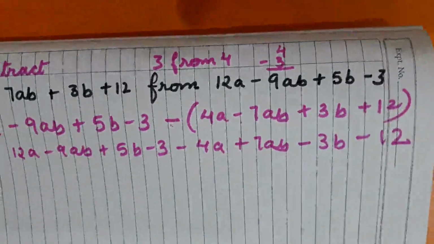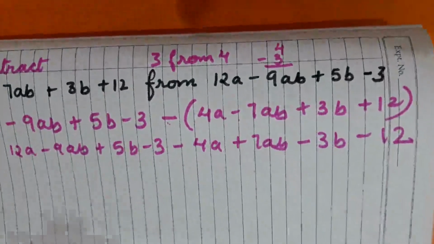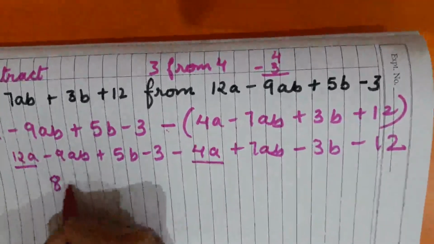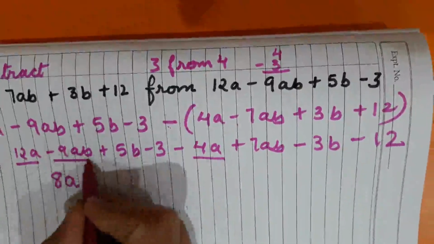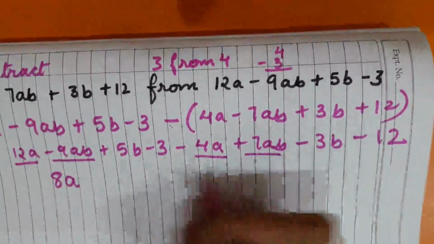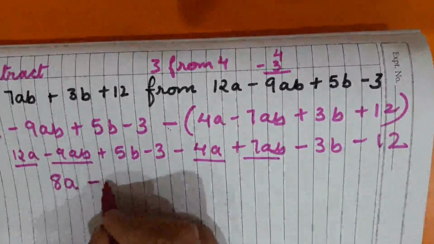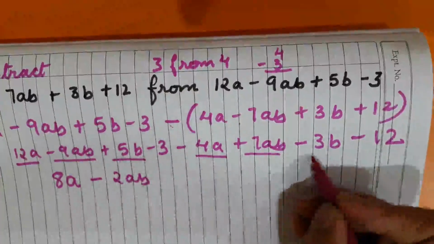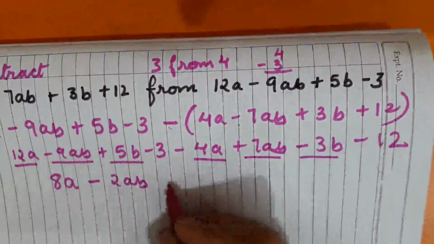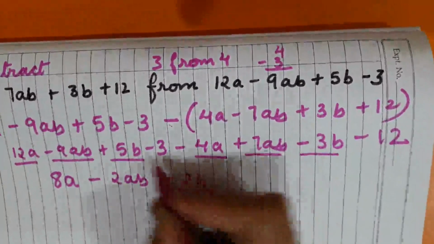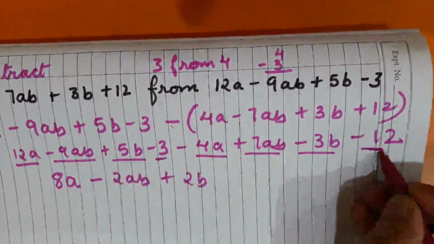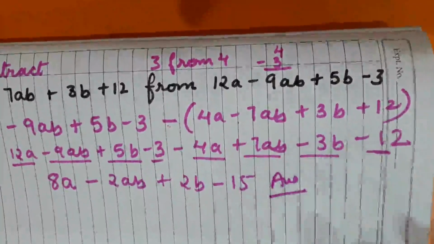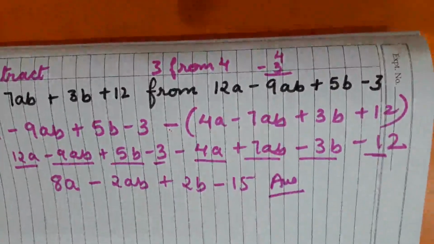Now take all like terms together. 12a and 4a subtract with each other, you will get 8a. Minus 9ab plus 7ab gives you minus 2ab. 5b minus 3b gives you plus 2b, and minus 3 and minus 12 gives you minus 15. So this will be your answer. Okay, so in this way you can subtract.